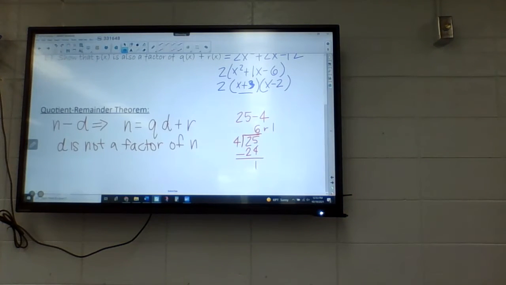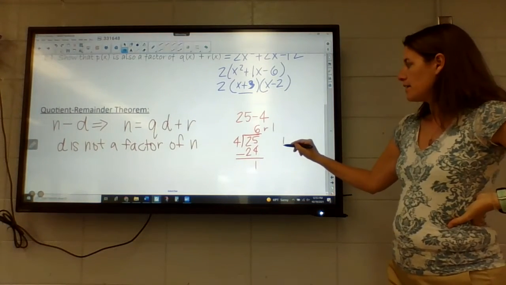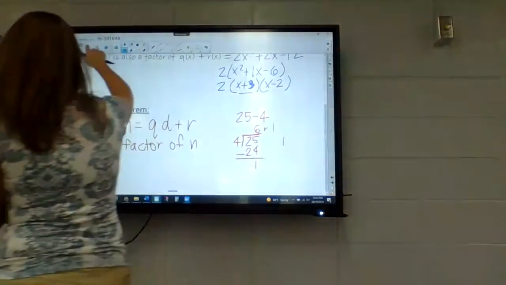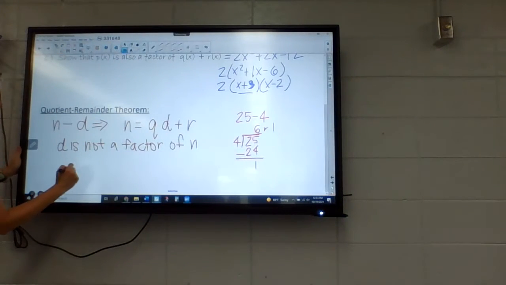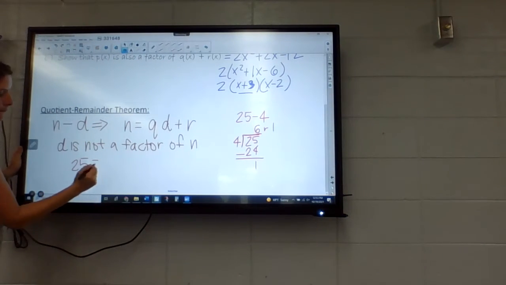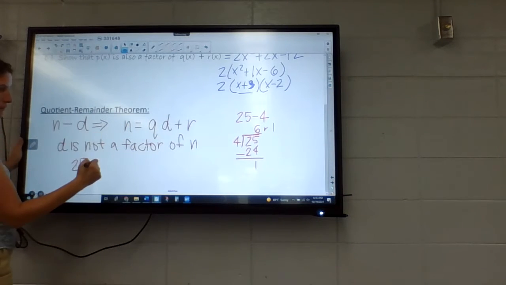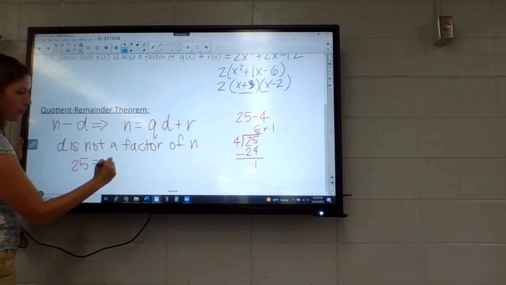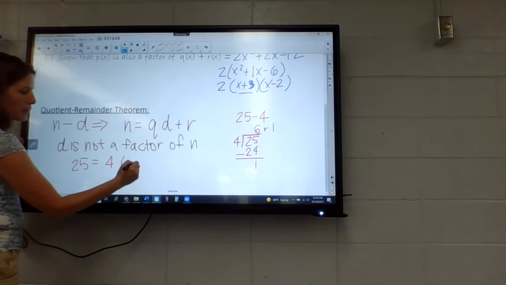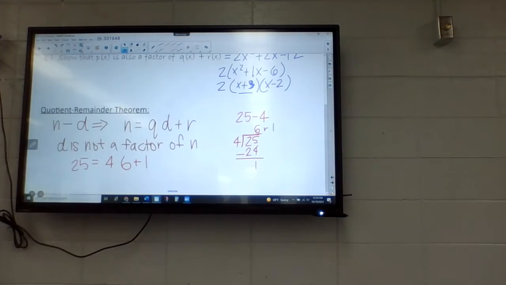Well, instead of writing it that way, the way we're going to write it in pre-calc is we're going to say that 25 equals, 4 goes into 25 6 times, so it's going to be 4 times 6, and then we just add on that remainder.